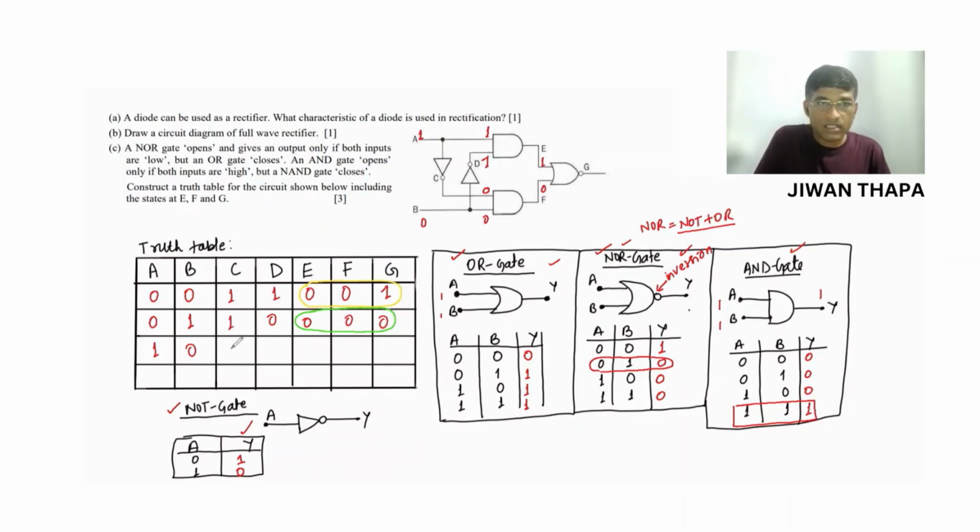C is 0, D is 1, E is 1, F is 0, and for 1 0 we get 0. So we get 0. So what are we getting? We are getting E 1, that is high, F 0, that is low, and G 0, that is low when we have A 1 and B 0.